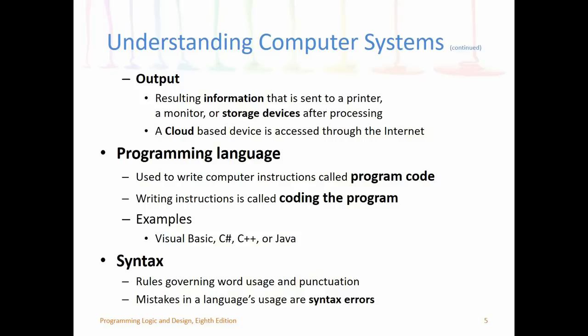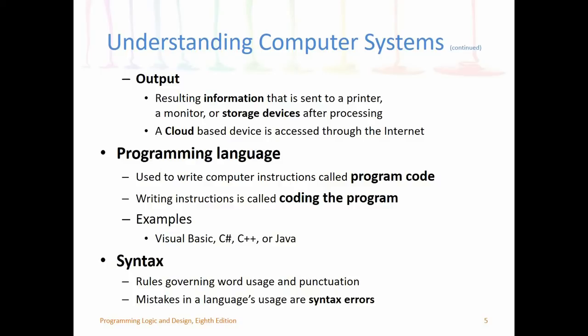Then we have the output. After we process the data that we inputted, we need to see it. The computer needs to deliver it to us using monitors, printers, speakers. All of that is considered output devices.